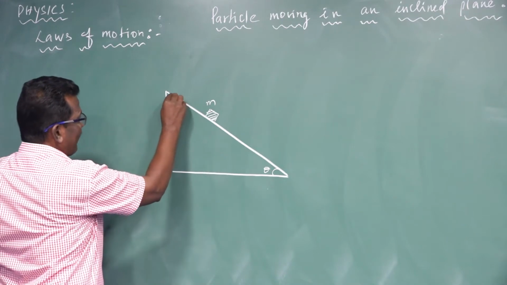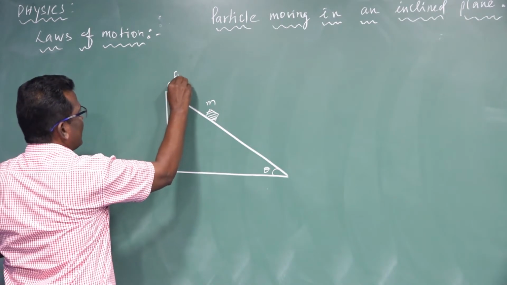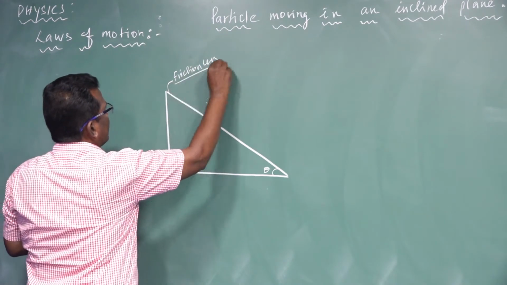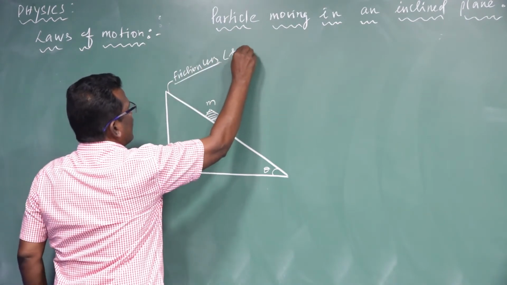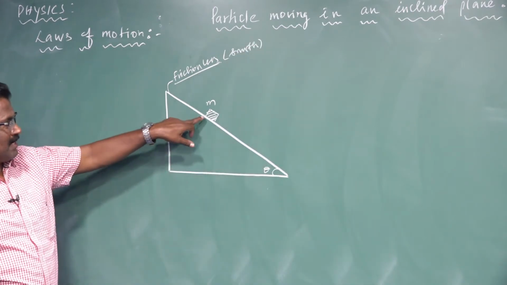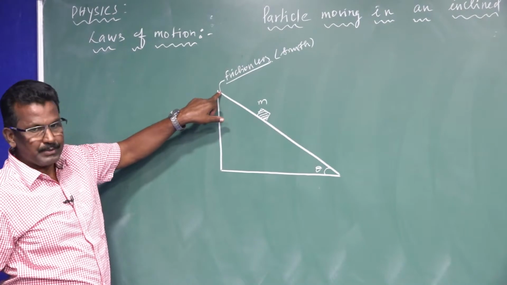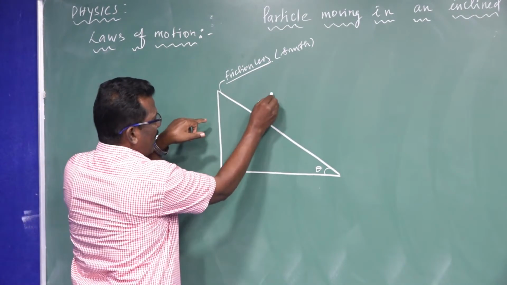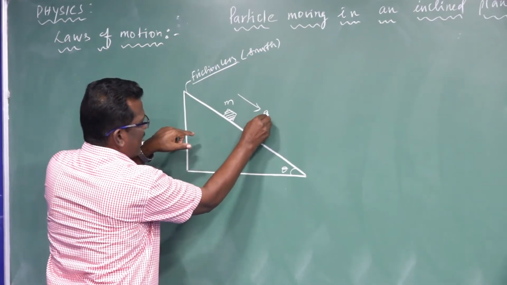The inclined surface is frictionless, that means smooth. The body placed on the inclined surface has to be accelerated downward, that means along this direction.